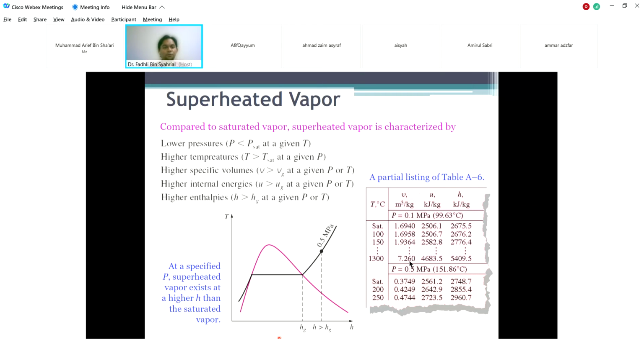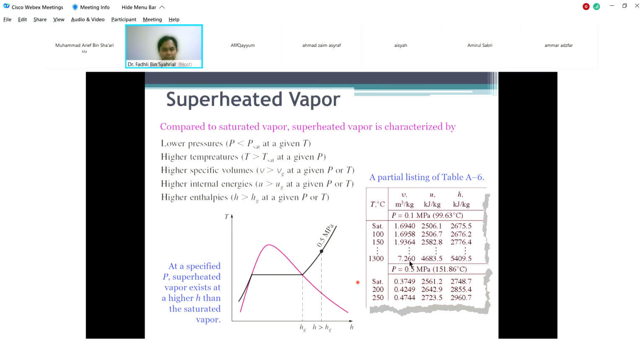Before we go further with superheated vapor, we have to know the characteristics of superheated vapor. So here they have a list of superheated vapor characteristics. Compared to saturated vapor, superheated vapor is characterized by, first one, lower pressure at the given temperature, and then higher temperature at the given pressure.